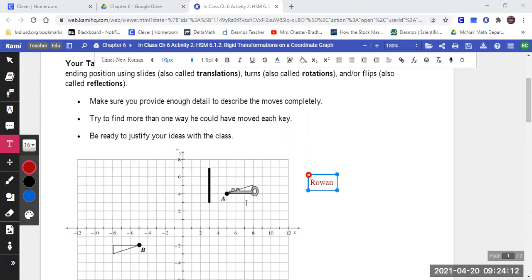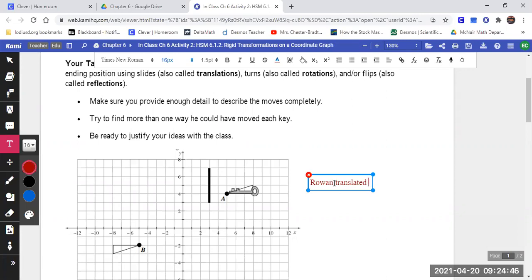Okay. So Rowan translated. That's what we decided he moved, right? He slid, translated. Which direction, horizontally or vertically? Now, yes, it's true, Nautica, you could move backwards, but you need to be going left.